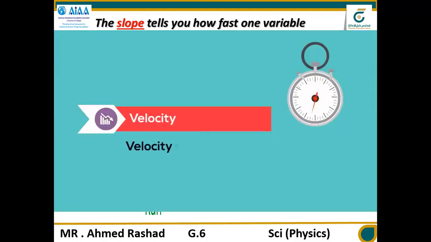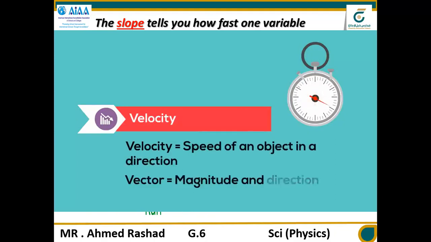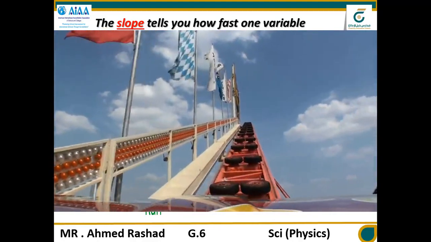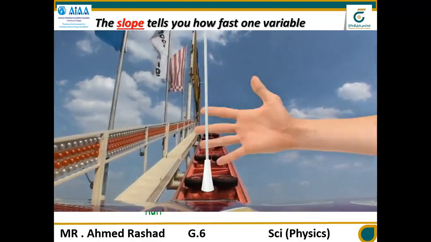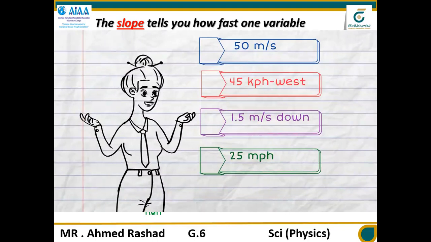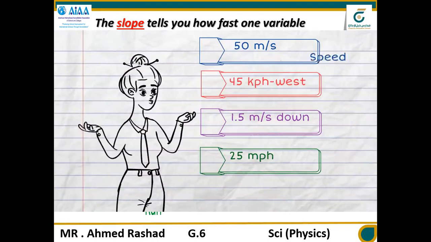Velocity is the speed of an object in a certain direction. It is a vector, which means it measures magnitude and direction. This roller coaster has a velocity of 10 meters per second up. Which of these measurements would be speed and which would be velocity?